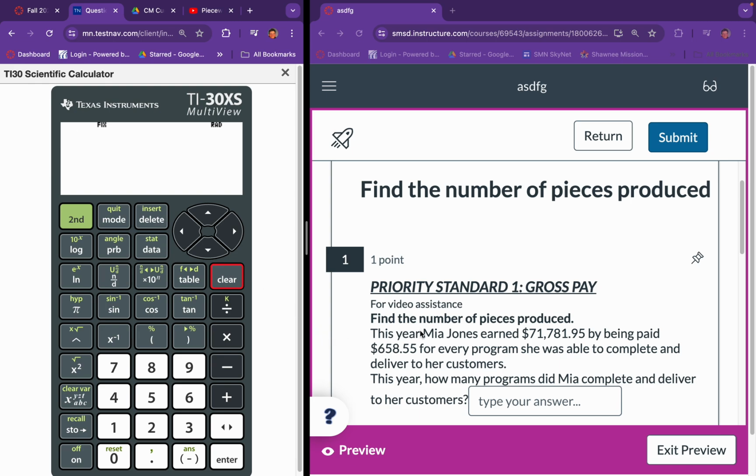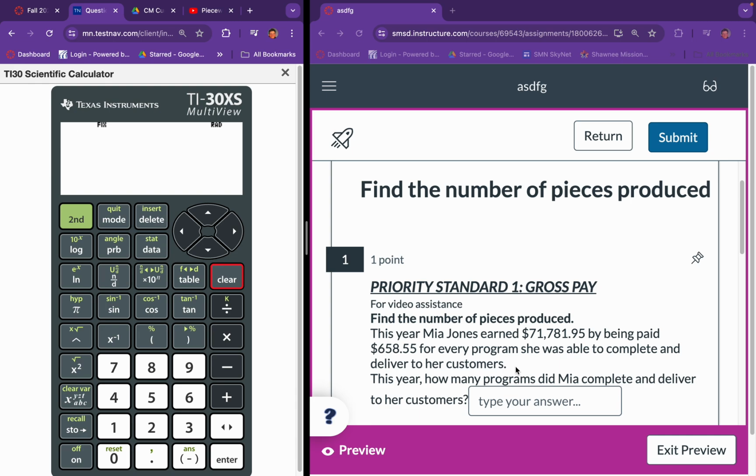Okay, this first problem tells us that this year Maya Jones earned $71,781.95, by being paid $658.55 for every program she was able to complete and deliver to her customers.